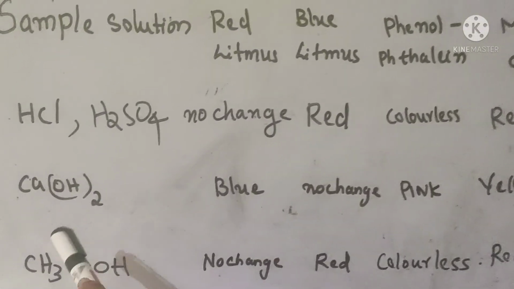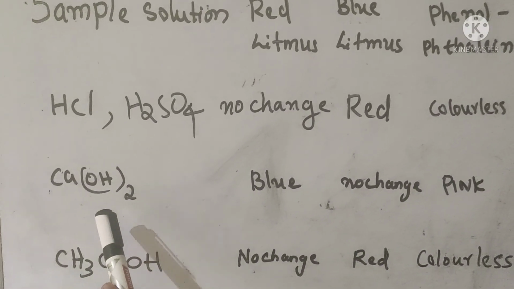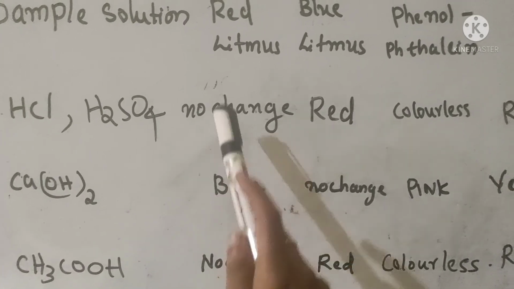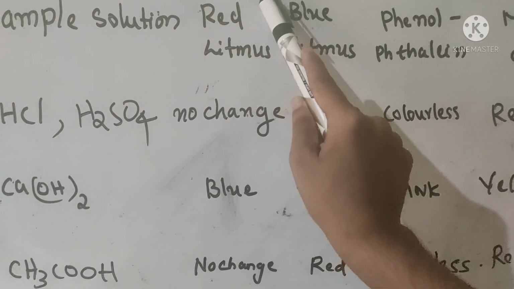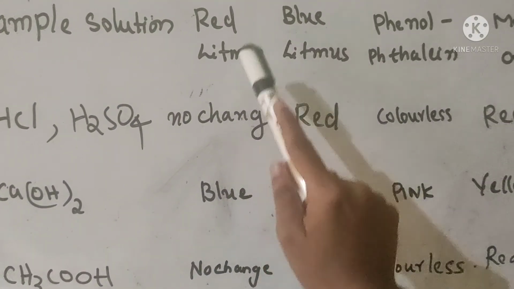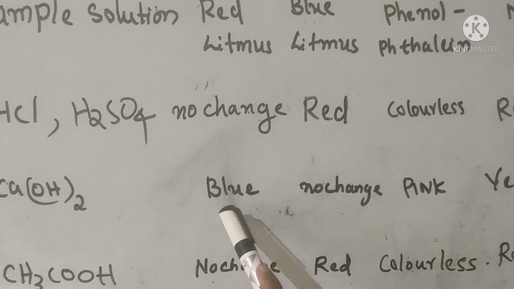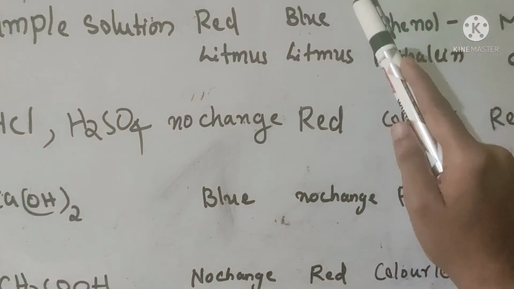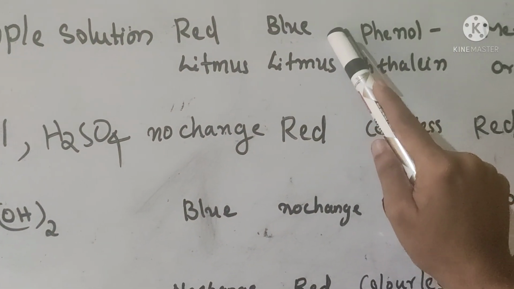In the case of calcium hydroxide, if we use red litmus as indicator, the red litmus changes into blue. And if the indicator is blue litmus, no change will occur.